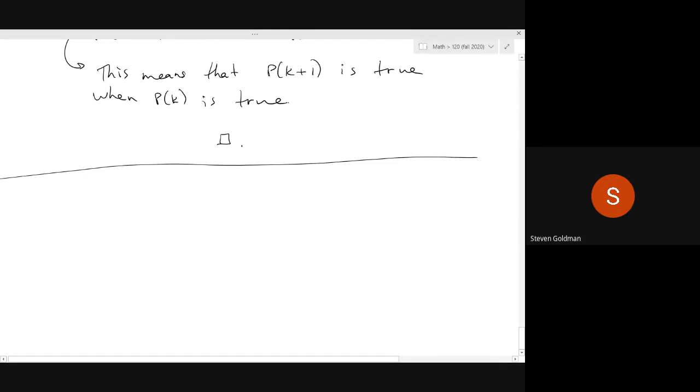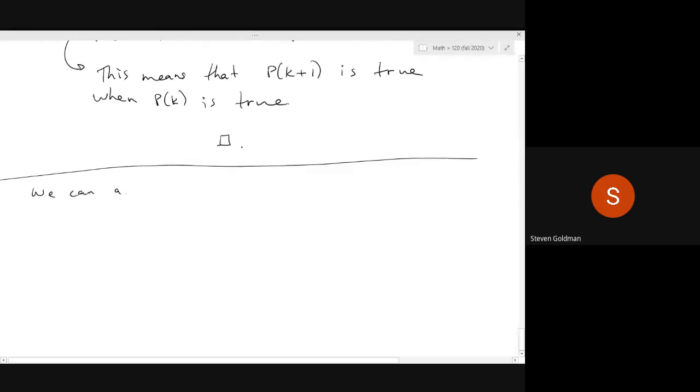All right, there is now a third type of problem that I want to discuss that we can use induction to prove, and that's inequalities. So we can also use induction to prove inequalities.